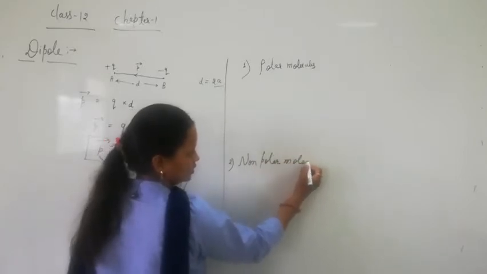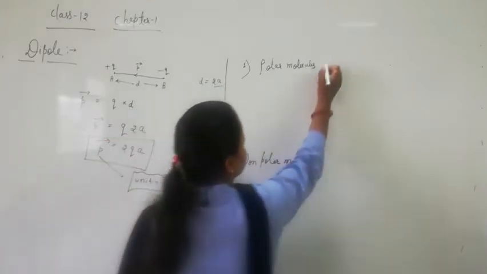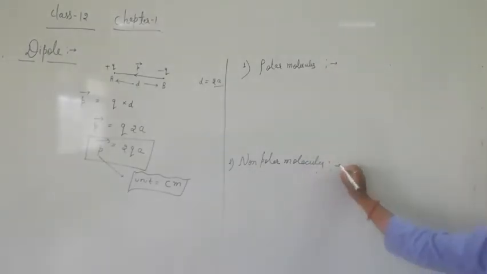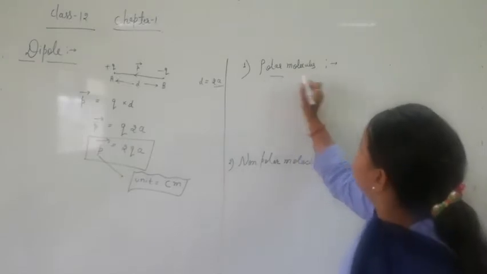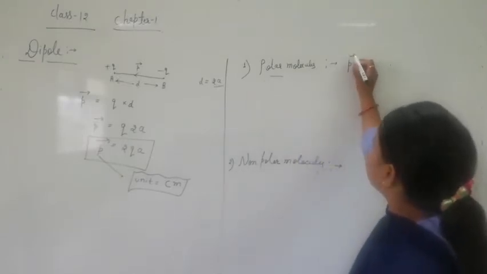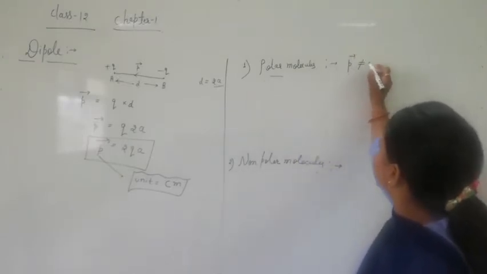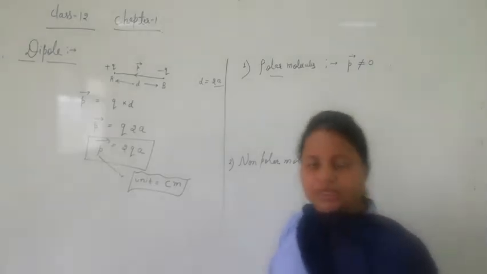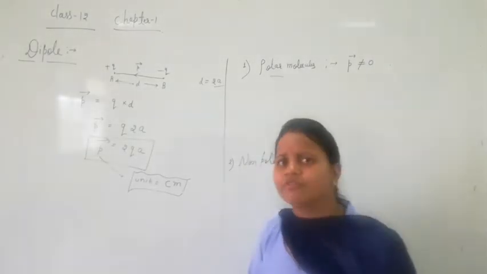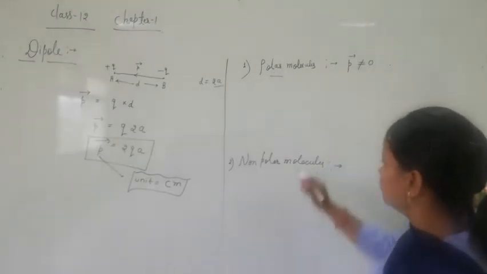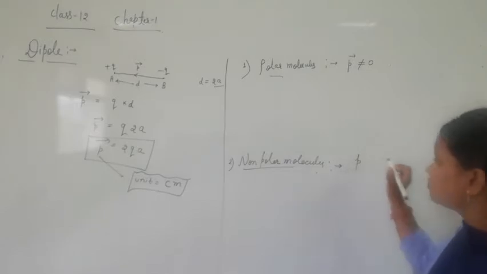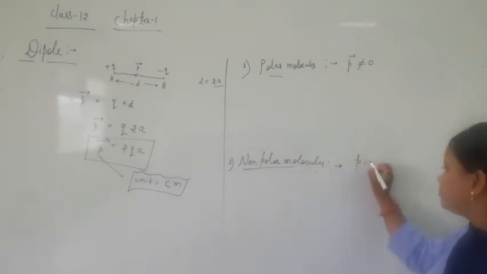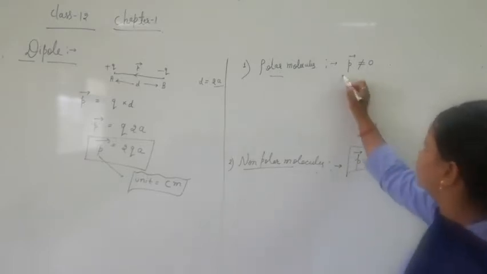The molecule which has permanent dipole moment, not equal to 0, having a particular value of dipole moment, is called a polar molecule. Non-polar molecules are those which have zero dipole moment.